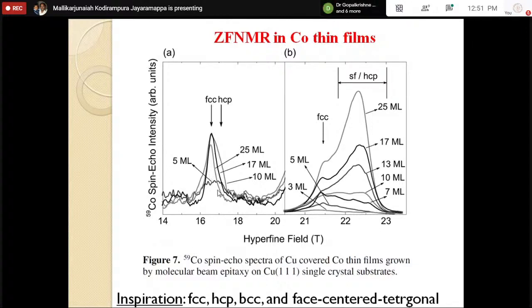From this NMR spectrum, they were able to identify different crystal structures coexisting in these cobalt thin films grown using molecular beam epitaxy. The bottom line is, let us get inspired by looking at this graph: as they kept changing the amount of coating and the thickness of the thin film, they were able to identify how many layers are formed using this NMR technique. With that inspiration, let us jump on to the systems we personally studied.